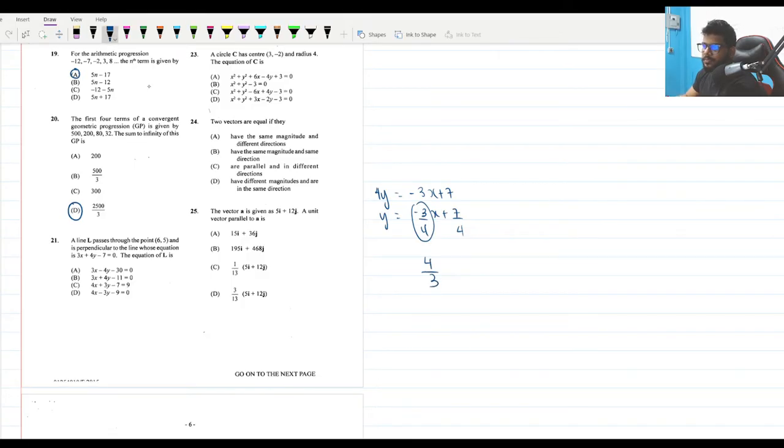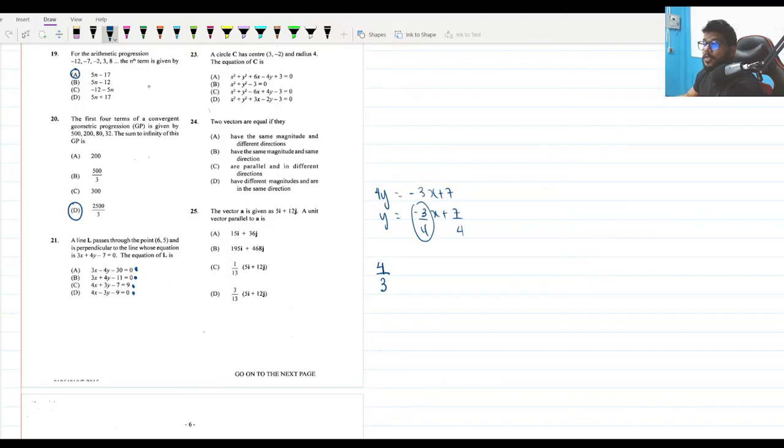So I'll go in and check which one of these lines will give me a gradient of 4 over 3. If I rearrange this, I will have to divide by 4 for this one to get y by itself, by 4 for this one, by 3 with this one, and by 3 for this one. Remember, I'm looking for 4 over 3 because the product of the gradients of perpendicular lines is minus 1.